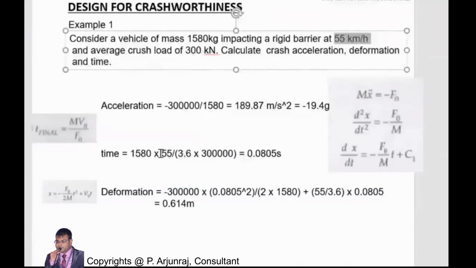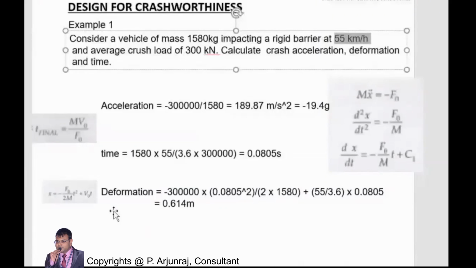So when you calculate this, you get the time. When you solve this, you'll get 0.0805 second. Maybe if you want to check, we can check. And the last one is what has been asked in the problem.